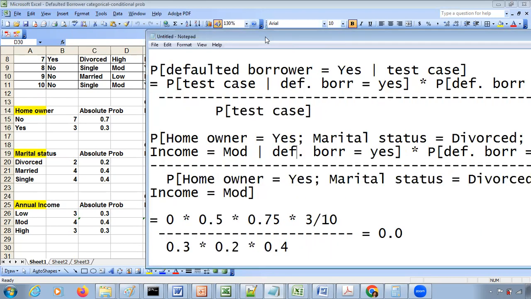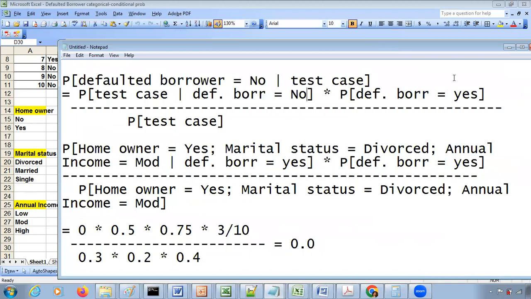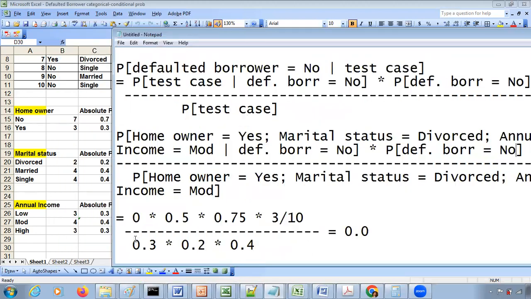Okay, so let's redo this for no and see what probability we get. As a trick, we can do 1 minus these on the top for no. There are only 2 classes.